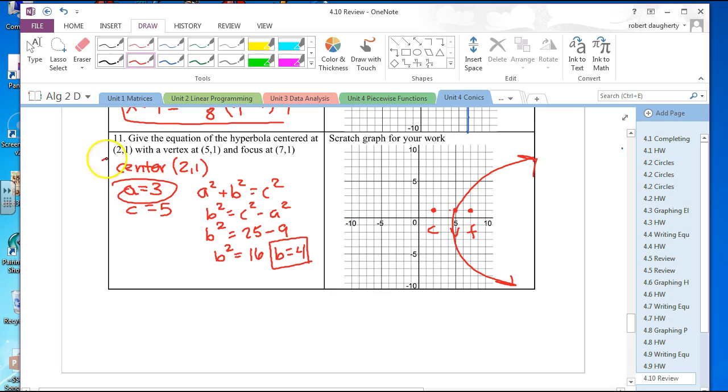So if I know A, B, and the center, and I know that it's horizontal, no other choice. This is x minus 2 squared over A squared minus y minus 1 squared over B squared equal 1.